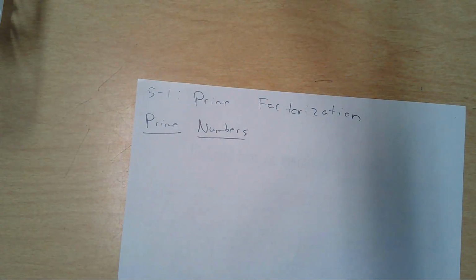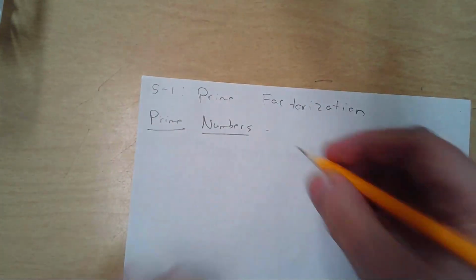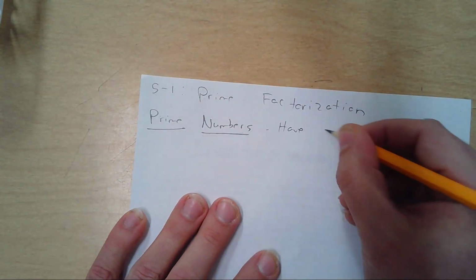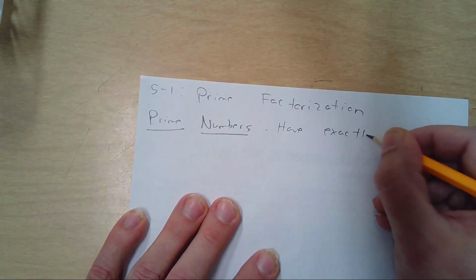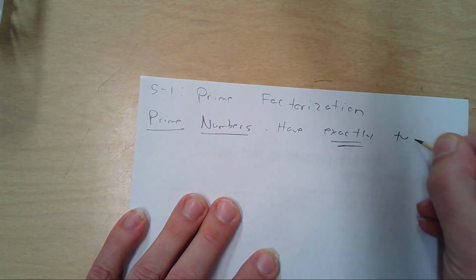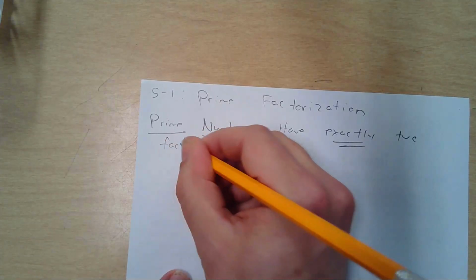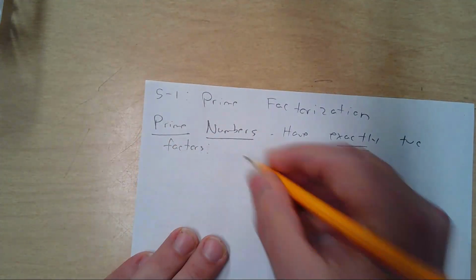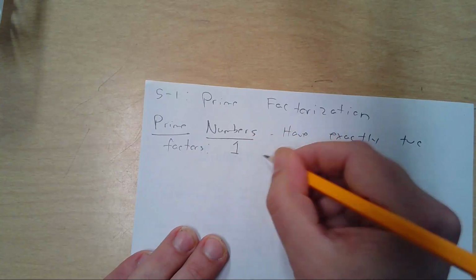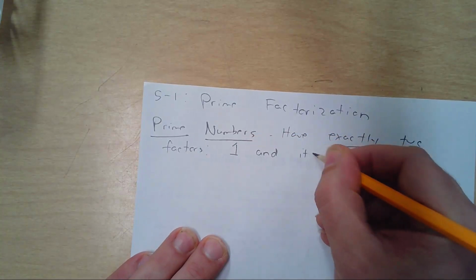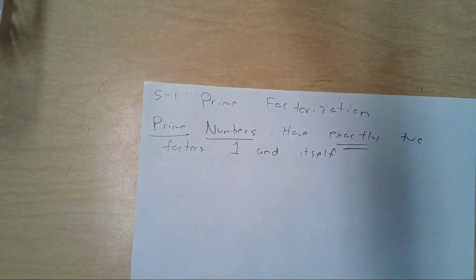Prime numbers have exactly 2 factors: 1 and itself. Those are the 2 factors.